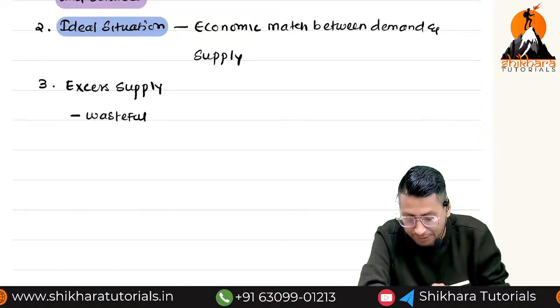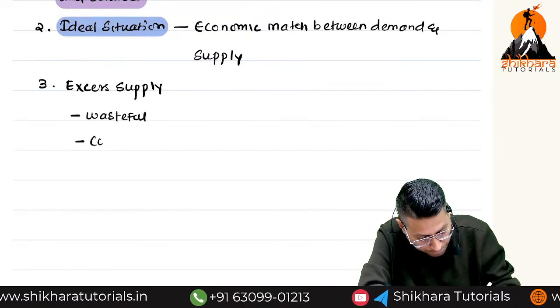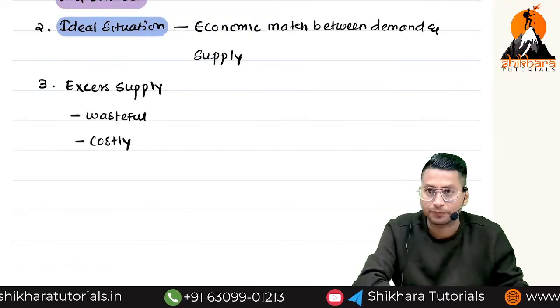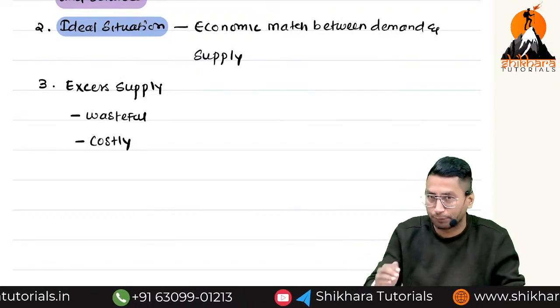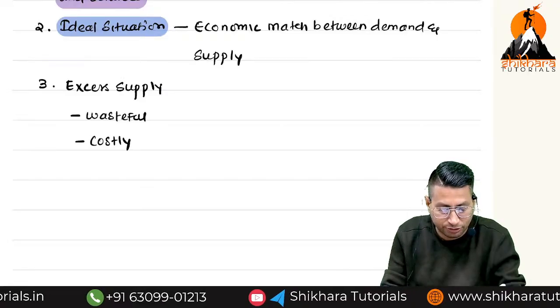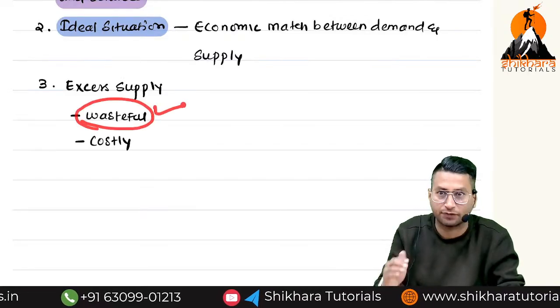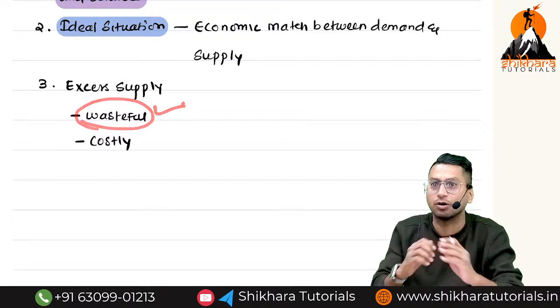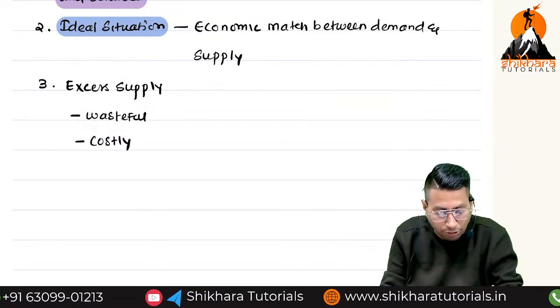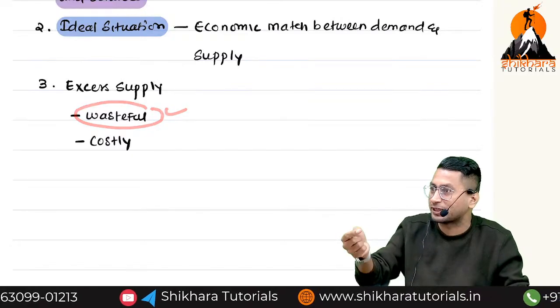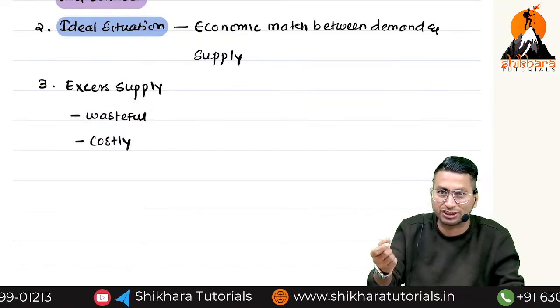Your production will be wasteful. Why? Because if you are supplying more than what is required, that additional production which you are unable to sell will be obsolete. It will be useless for you. Sales will not happen, your expenditure will increase, and your losses will increase.